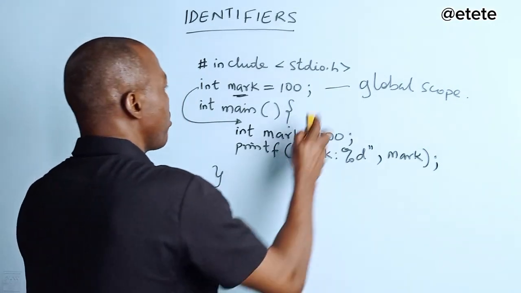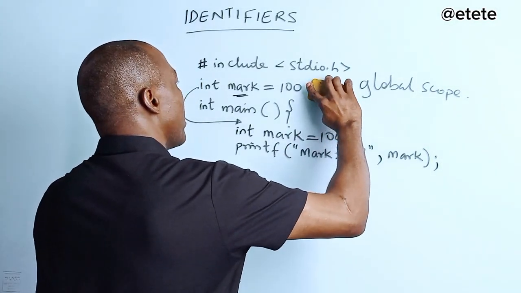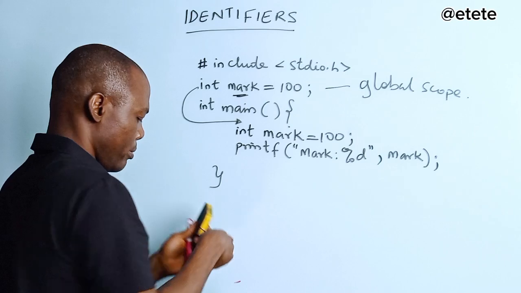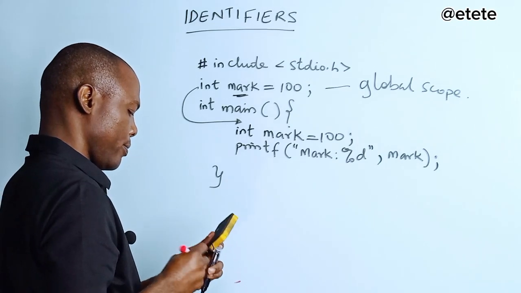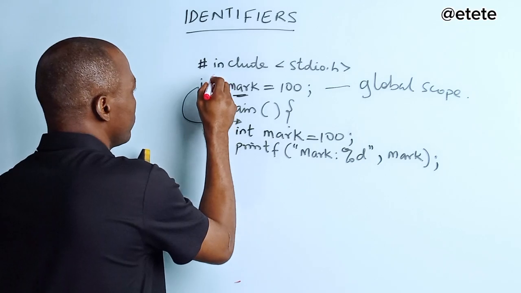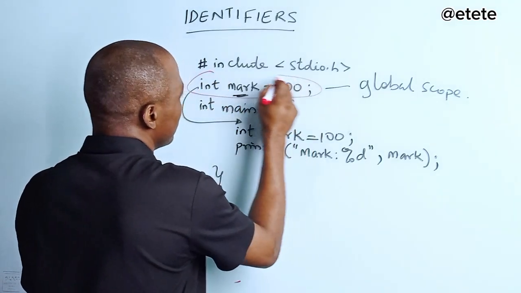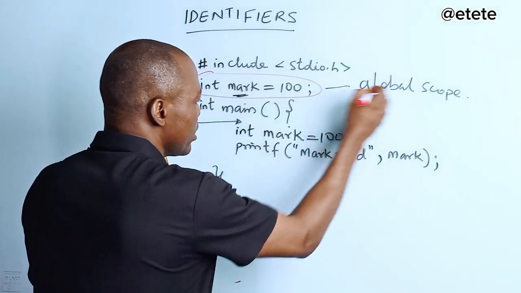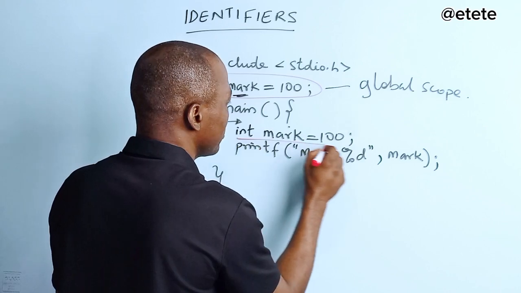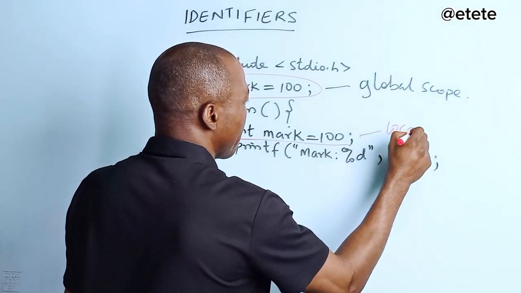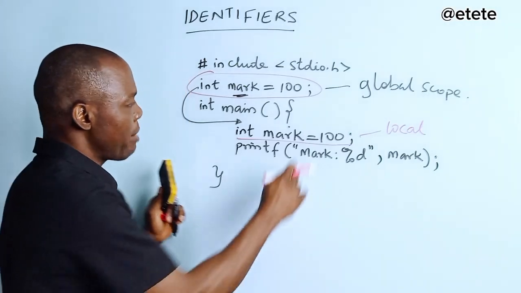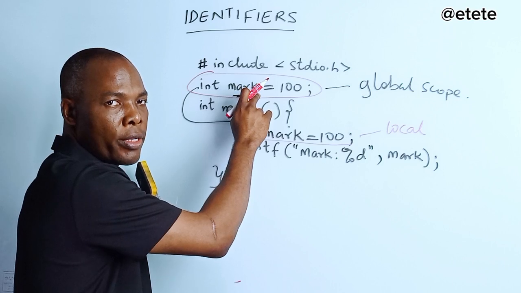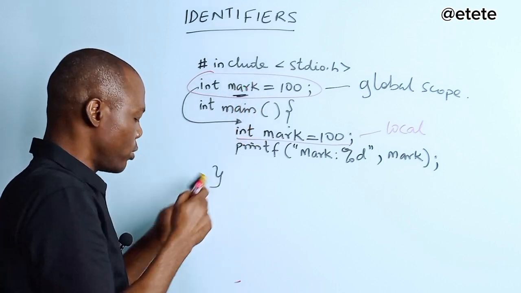Now I come here and clean this. So this one is global, while this one is local. But in a real program, I'm not going to have this name and this name outside. The system will throw me an error. So I can give a different name to this one.